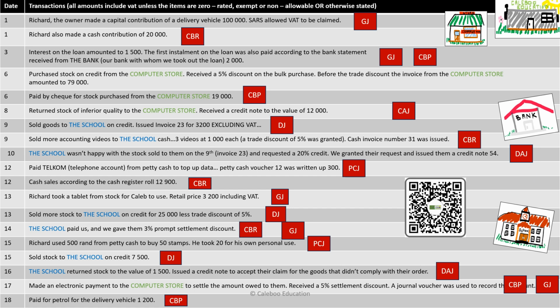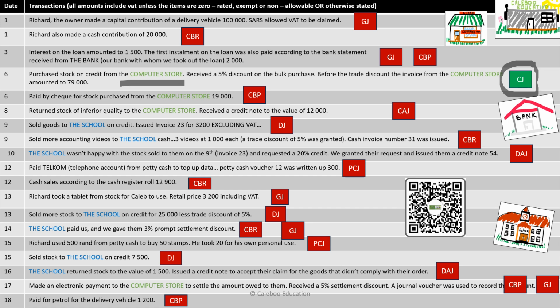But what we're doing in this lesson is the Creditors Journal. So I've identified the transactions that relate to the creditor. I'm looking at all the credit purchases of items from the computer store, our only creditor in this example.